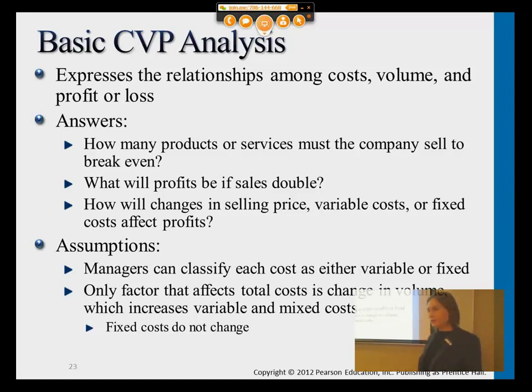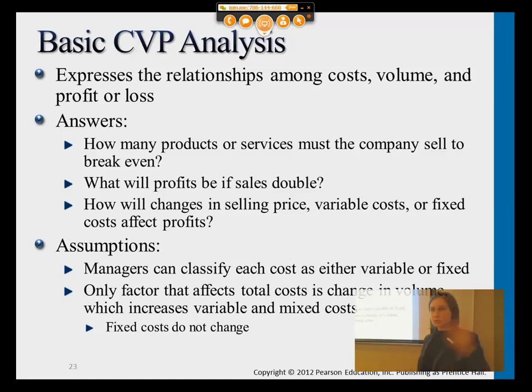Okay, so the following assumptions are something that you just need to keep in mind. This is true for CVP analysis. So managers classify costs as either variable or fixed, done by managers, okay? And then the only factor that affects the total costs is the change in volume.